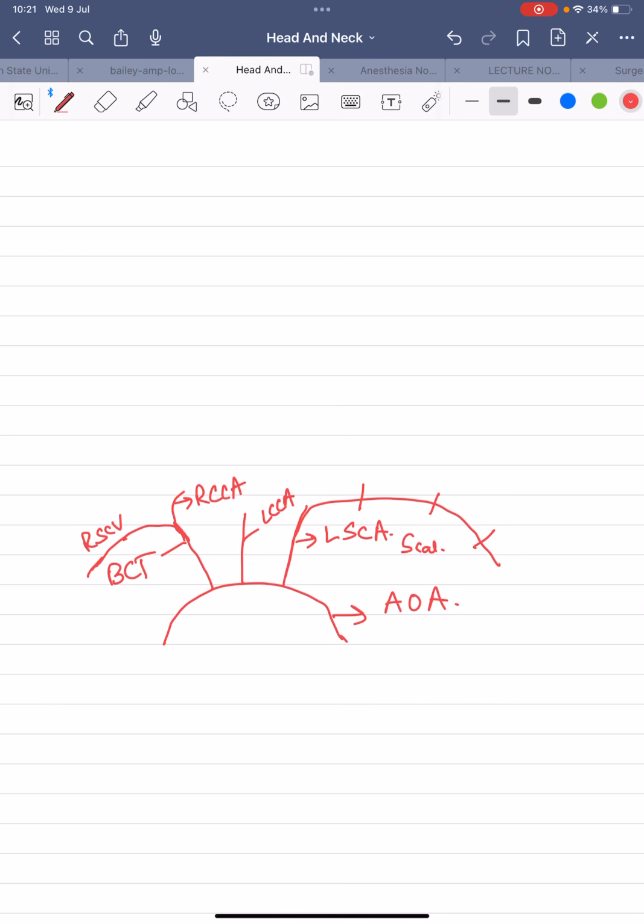And from here you have three branches, 1, 2, 3. Here you have one branch, here you have one branch. Which branches? C and D. Vertebral artery, internal thoracic artery, and thyrocervical trunk. C is your costocervical trunk, and D is your dorsal scapular artery.